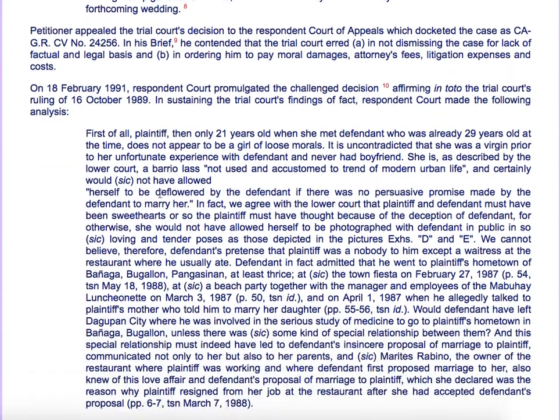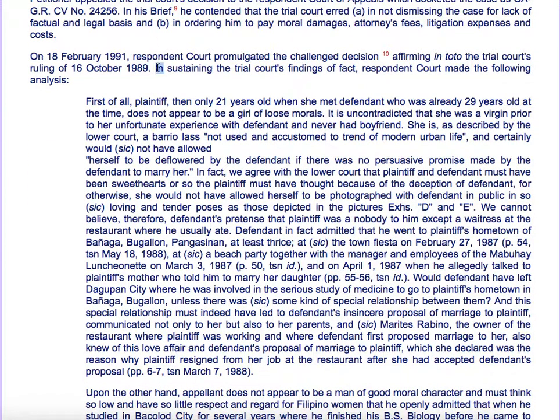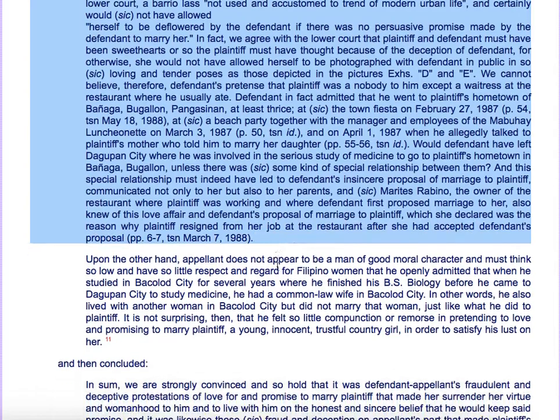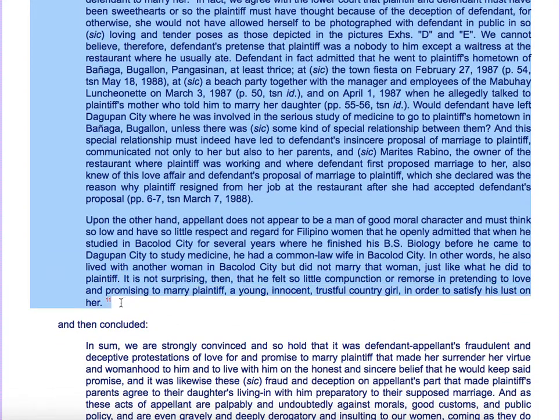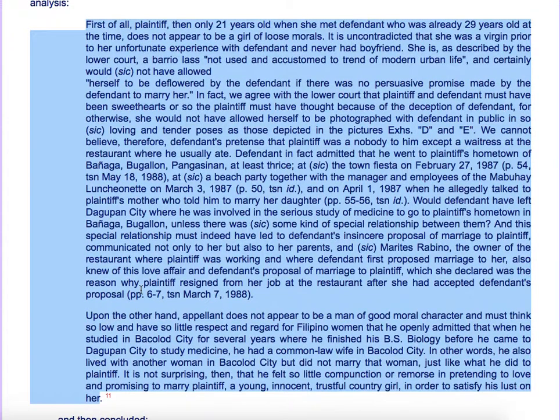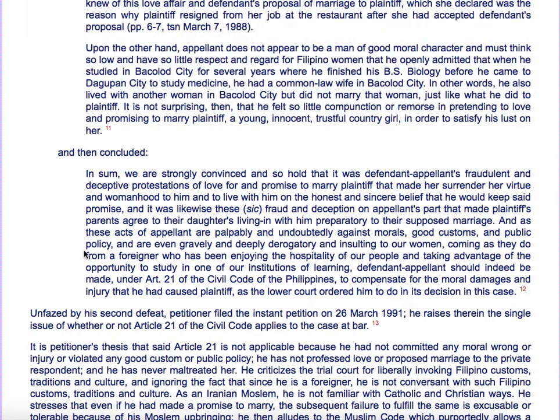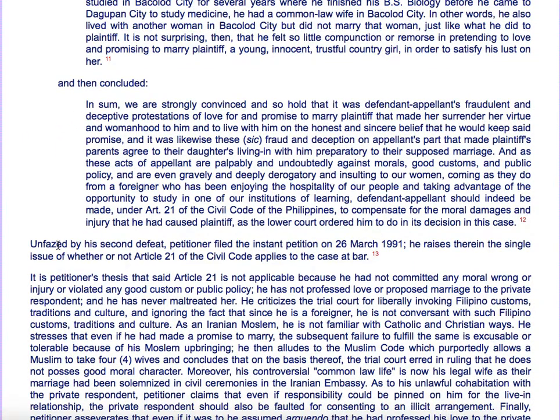Okay. So, at the Supreme Court level, the Supreme Court case would more or less state the reasoning behind why the Court of Appeals concluded that way. So, basahin niyo yan. Okay? Because of this defeat, natalo si Gashem Shukat Baksh sa Court of Appeals.